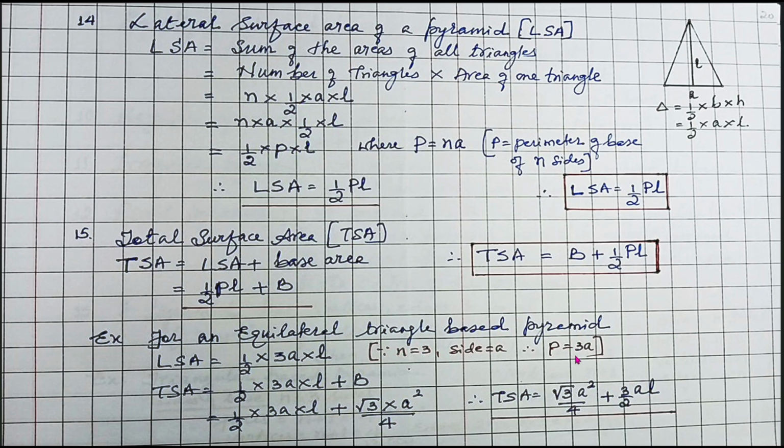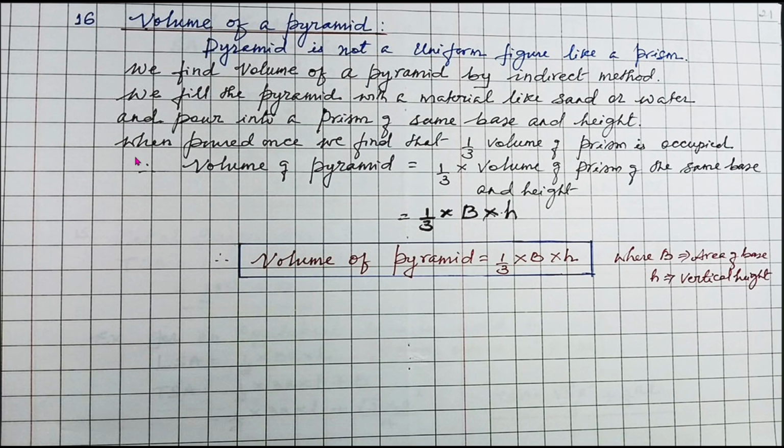The perimeter P is equal to 3a, so the lateral surface area is half into 3a into L. The total surface area is half into 3a into L plus B, but since the base is an equilateral triangle, its area is root 3 a square by 4. Therefore, the total surface area is root 3 a square by 4 plus 3 by 2 into AL. Remember that.